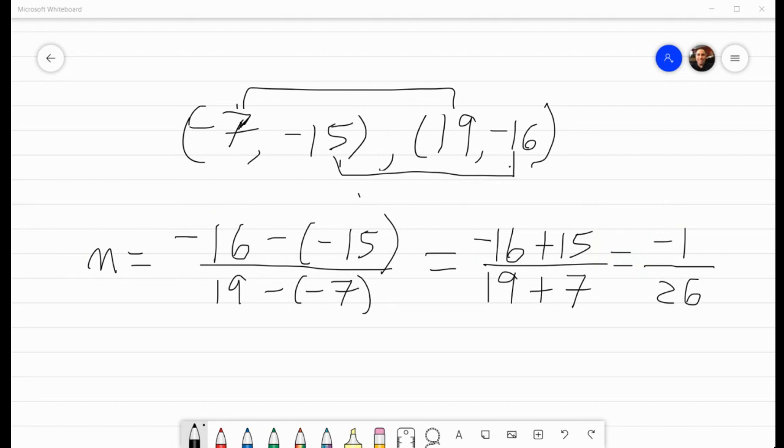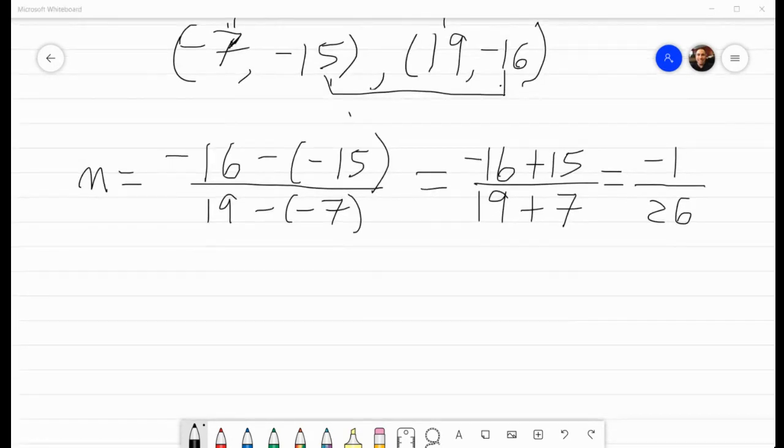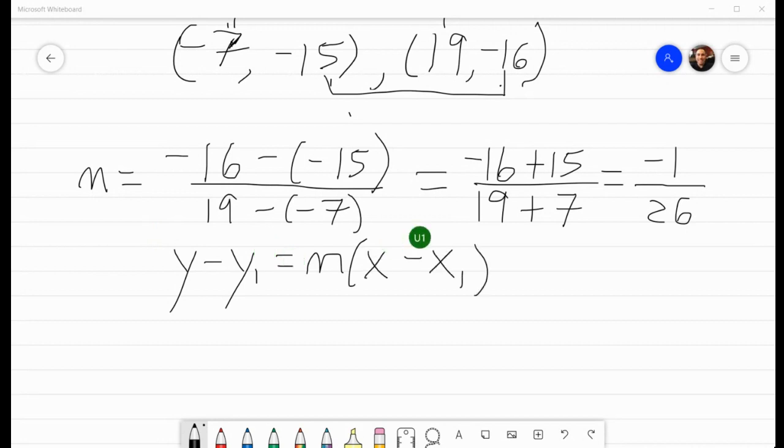For an equation of the line, what I'm going to do is use the point slope form. Now remember, what does that say? That says y minus y sub 1 is m times x minus x sub 1. m is the slope.